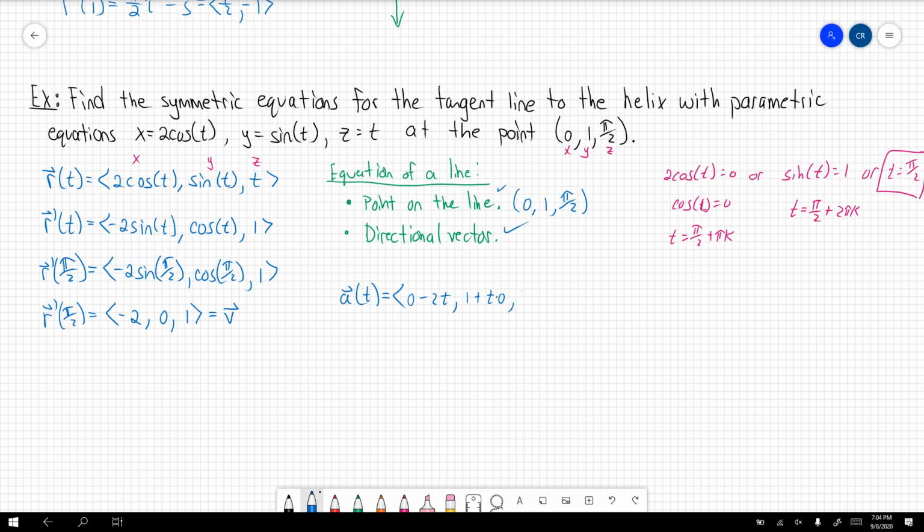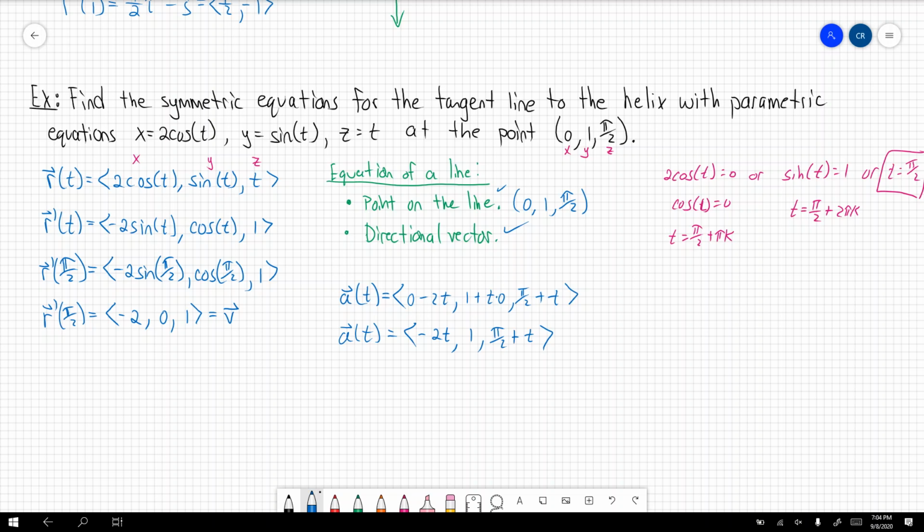Next one's going to be pi halves plus t. This will give me something real nice here. Negative 2t, 1, and then pi halves plus t. Looking pretty good.